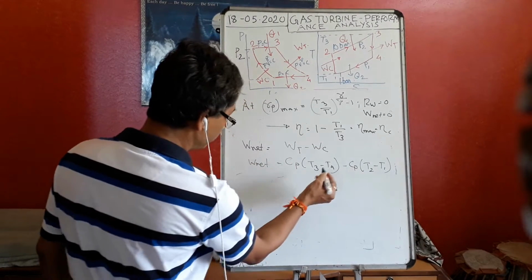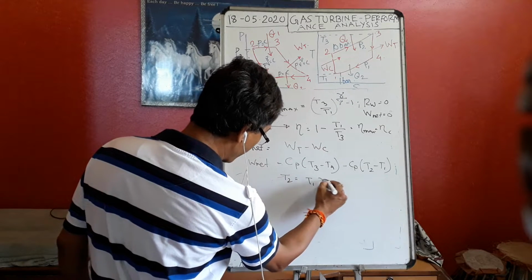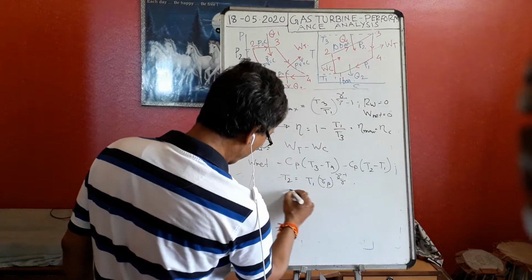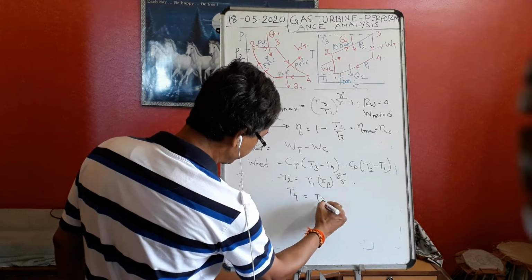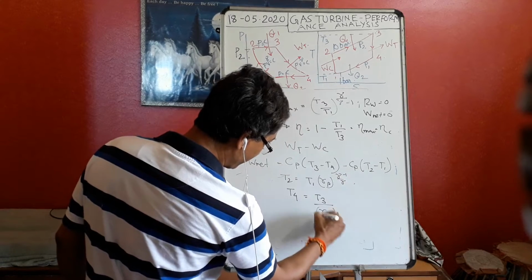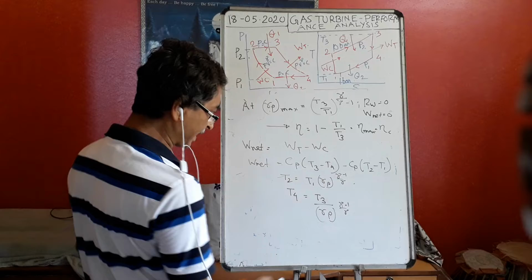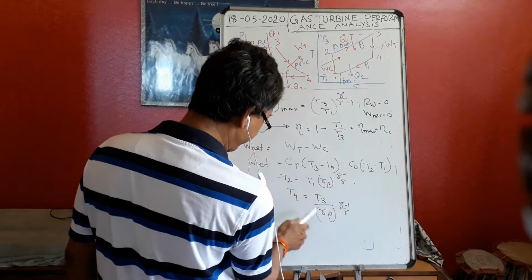Now I know, just before, T2 is equal to T1 into Rp to the power gamma minus 1 by gamma, and T4 is equal to T3 by Rp to the power gamma minus 1 by gamma. That I have derived, a few minutes back I have shown you. So I will put it here. T2 is equal to this and T4 is equal to this.